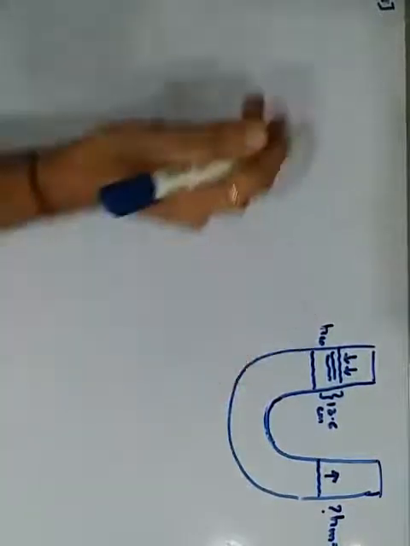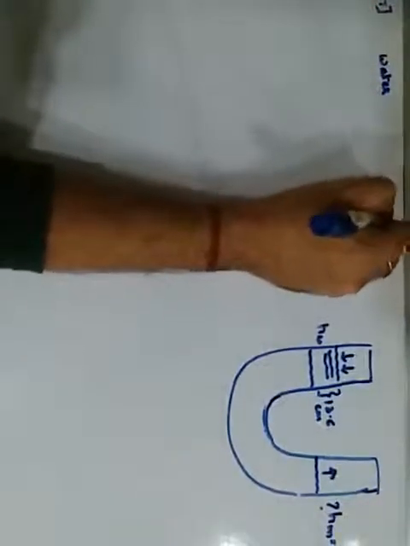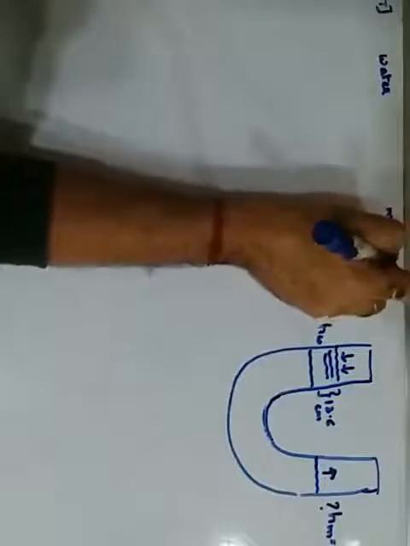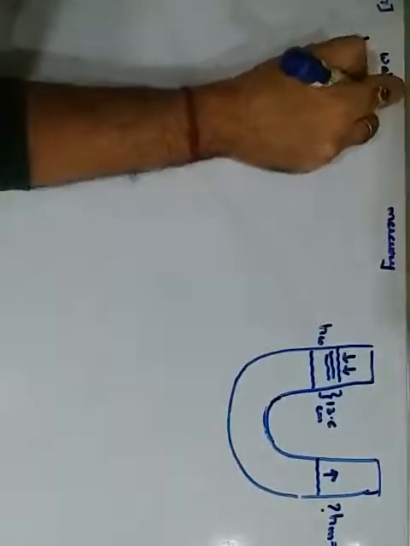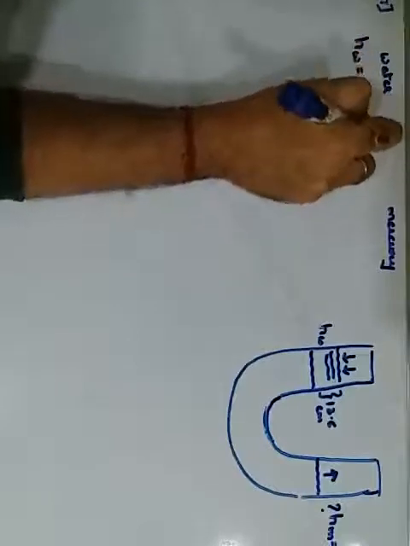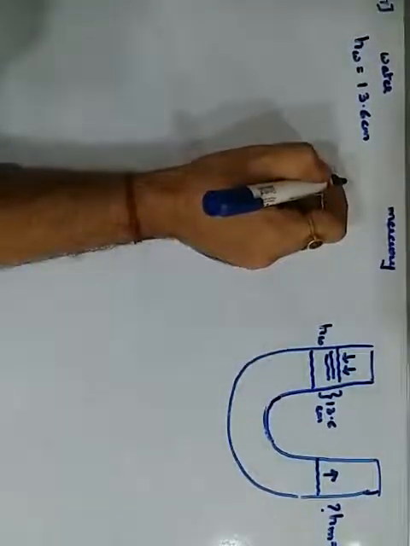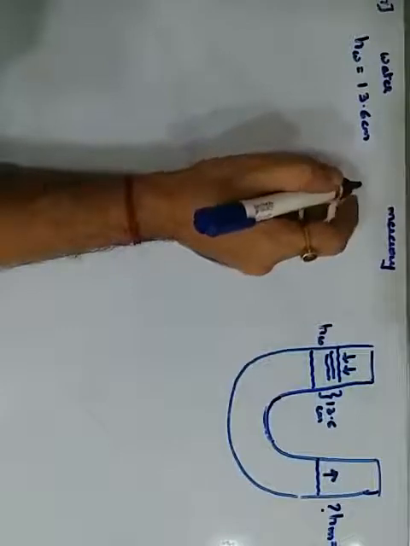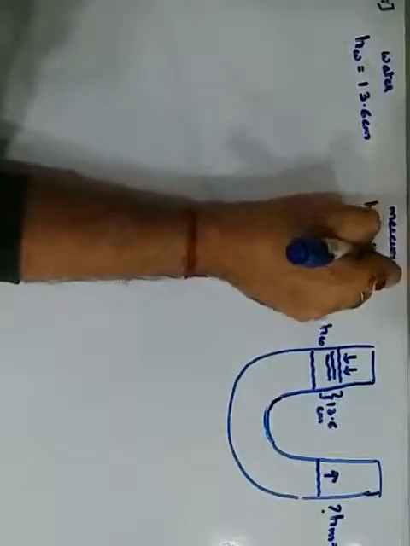Here first I put up the data. I put it as first arm or second arm, or you can put it as water and mercury. So in the first arm the height of the water is 13.6 centimeter. You can convert into meter, but if you leave it, your final answer will be in centimeter. Further they have given nothing, only the density of mercury, the height of the mercury column is to be found.